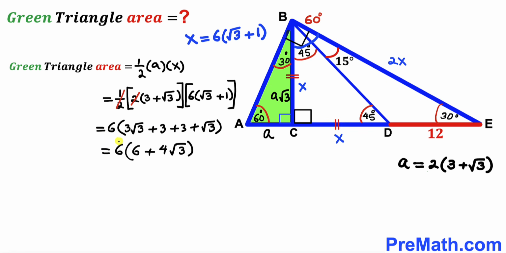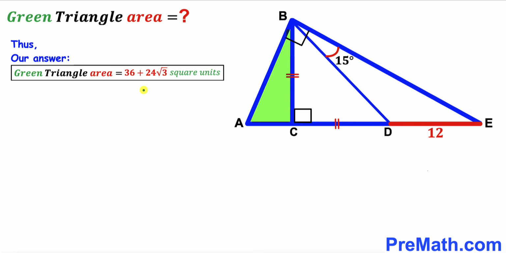And now we are going to distribute, and that's going to give us 36 plus 24 times the square root of 3 square units, the area of this green shaded triangle.